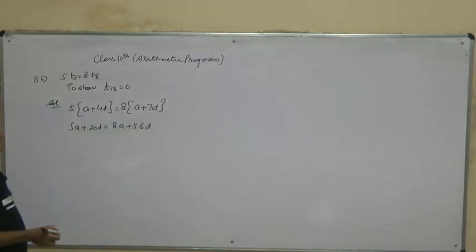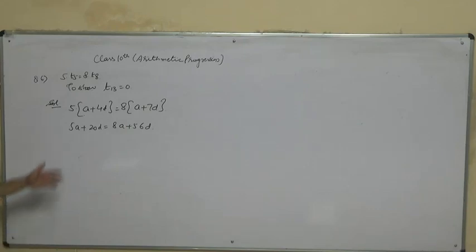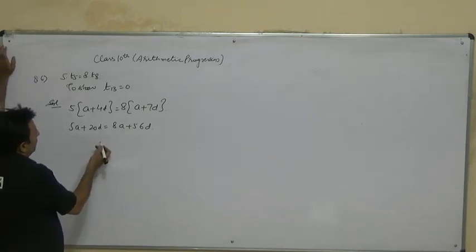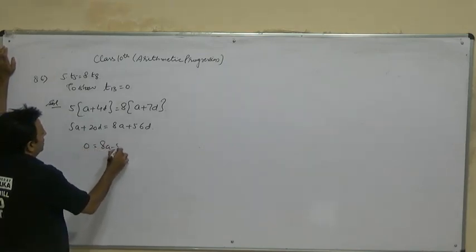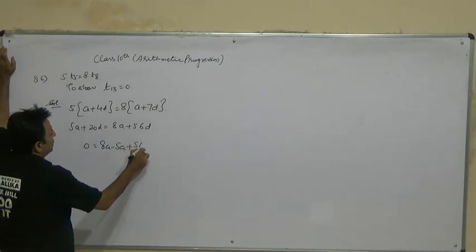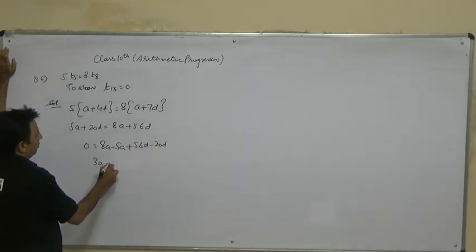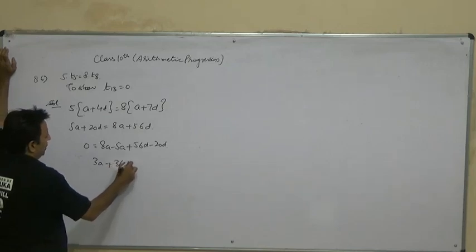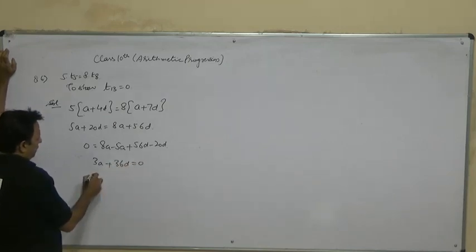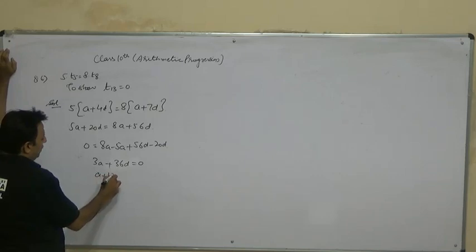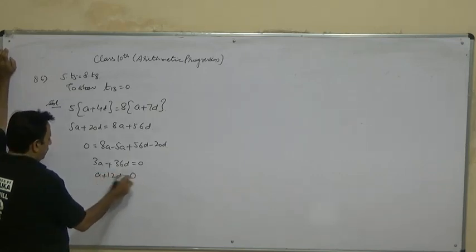So taking everything to one side, this will be 0 is equal to 8A minus 5A, 56D minus 20D, which is 3A plus 36D. Divide by 3, A plus 12D is equal to 0.